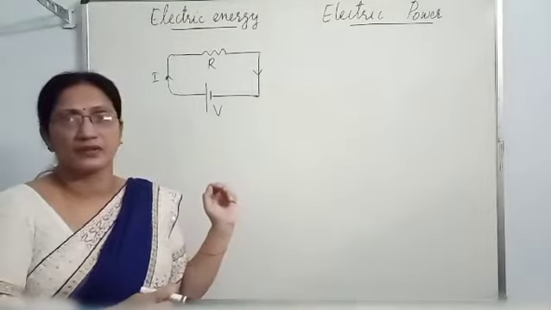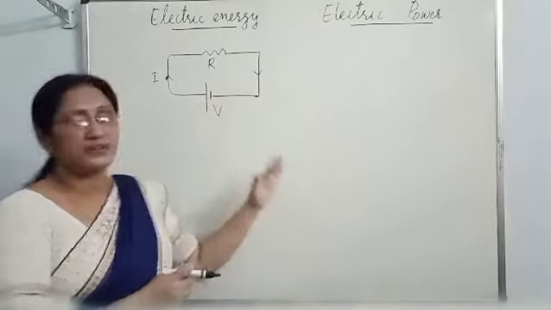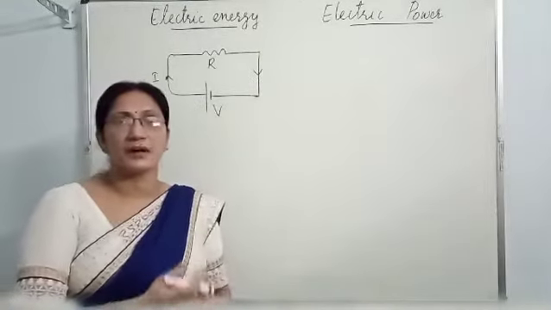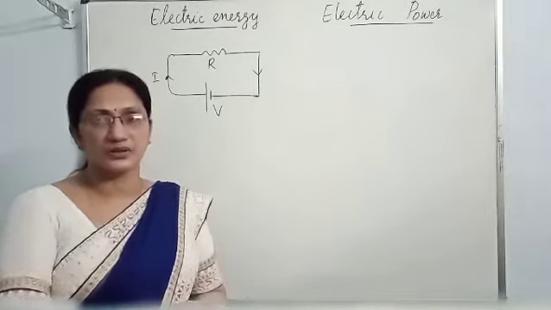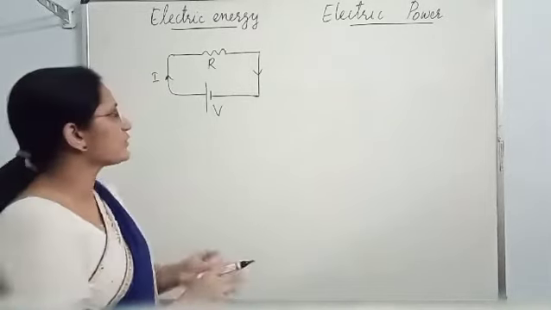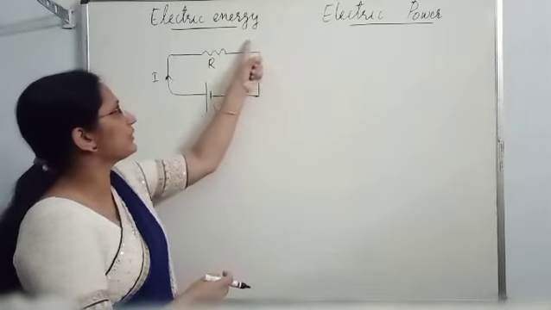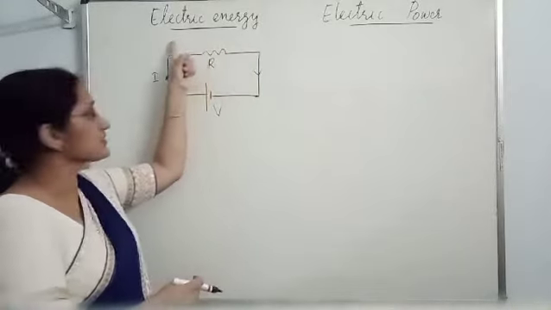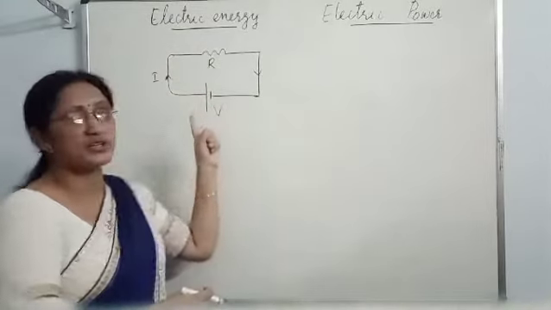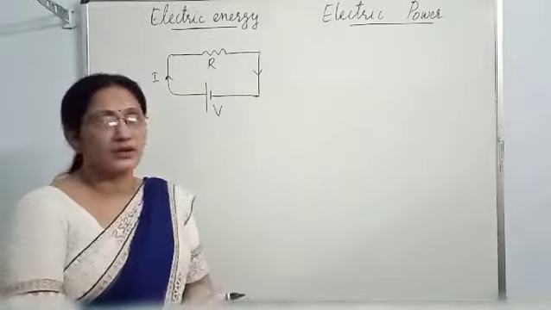In one of the previous videos, I told what is happening when an electric circuit is working. Electrons move from negative terminal to the positive terminal through the external resistance. This is the direction of electron flow.